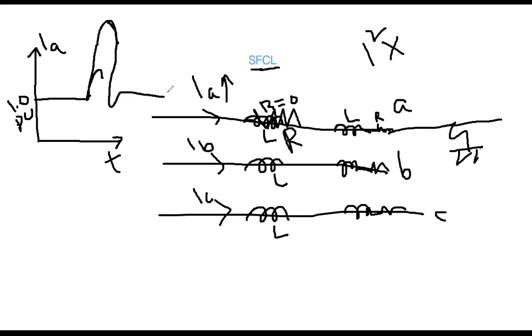So the SFCL, superconducting fault current limiter, during normal condition is just a coil with very low inductance and R is 0 with the help of the refrigerator. Once there is a fault and the fault current magnitude is higher, the superconductivity fails and its resistance increases.